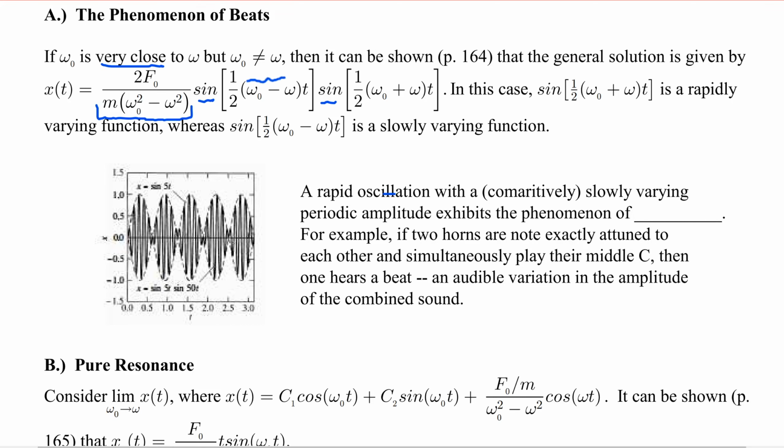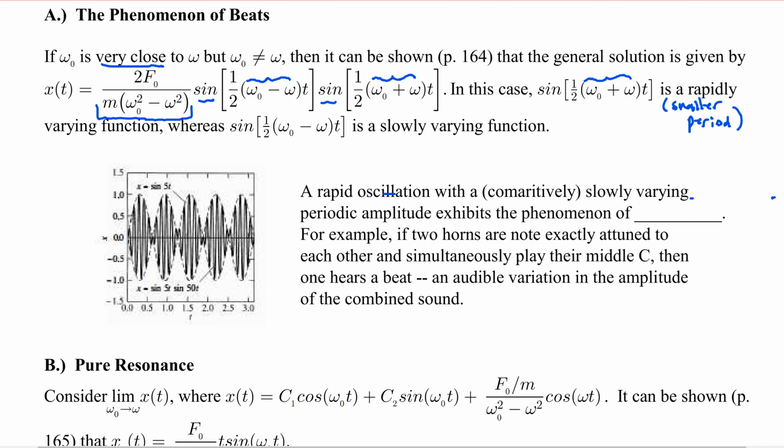One has coefficient omega naught minus omega, and the other one is omega naught plus omega. In this case, omega naught plus omega is bigger than omega naught minus omega. The larger that coefficient, the smaller the period, right? So we could say that sine of 1/2 of omega naught plus omega t is a rapidly varying function. That is, it has a smaller period.